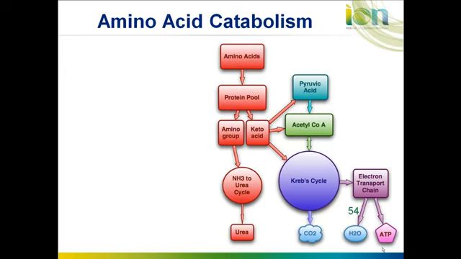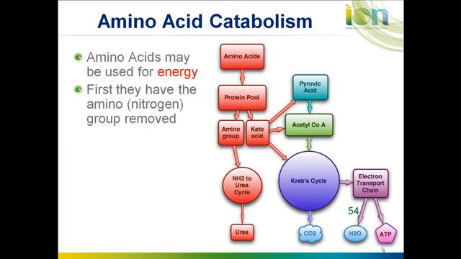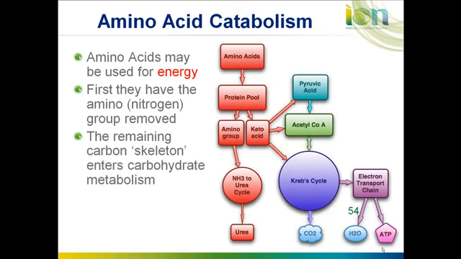So that would be the amino group. And usually the first step is to transfer the amino group to a keto acid and then replace the amino group with a keto group. So what you end up with is a keto acid instead of an amino acid. And you've just found out keto acids can then be fed into carbohydrate metabolism. You can see from the diagram.